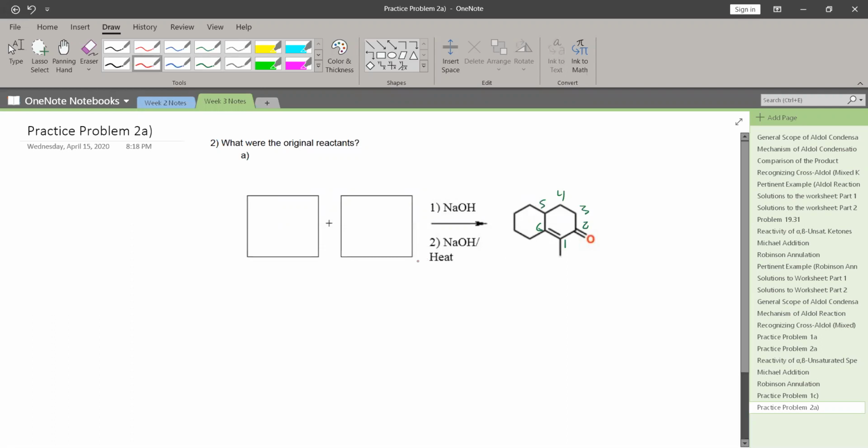Now, looking back at this retrosynthesis, we use heat and we use NaOH. Those are the 2 ingredients for an aldol synthesis. Now, how do we go back from an aldol synthesis? Well, first step is we cut the C double bond C right over here. Now, the carbon, or the alpha carbon in this case, that's closest to the C double bond O, that gets 2 H's.